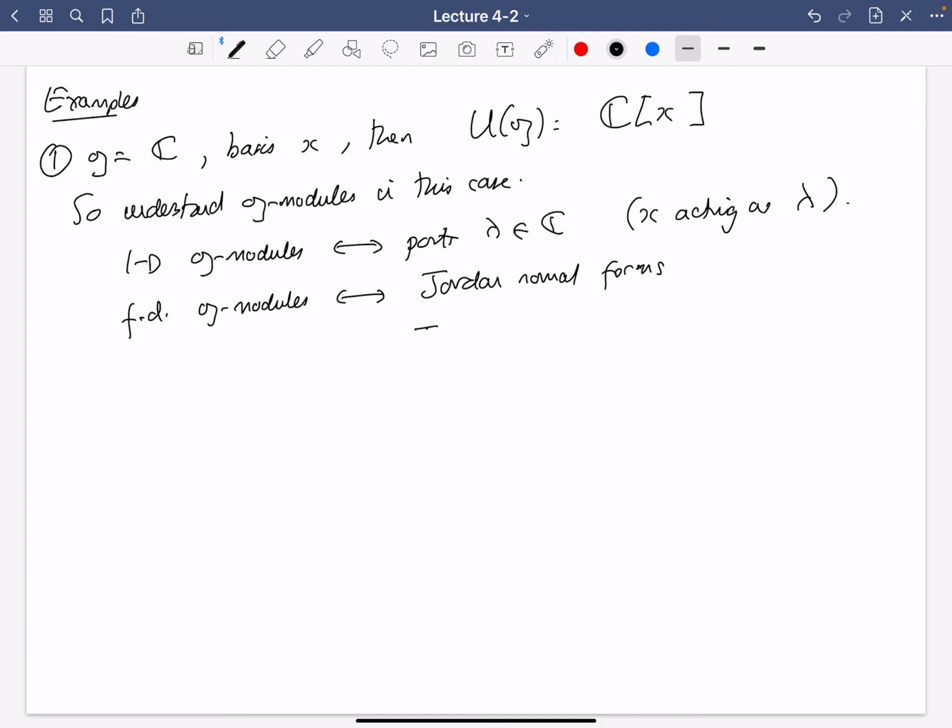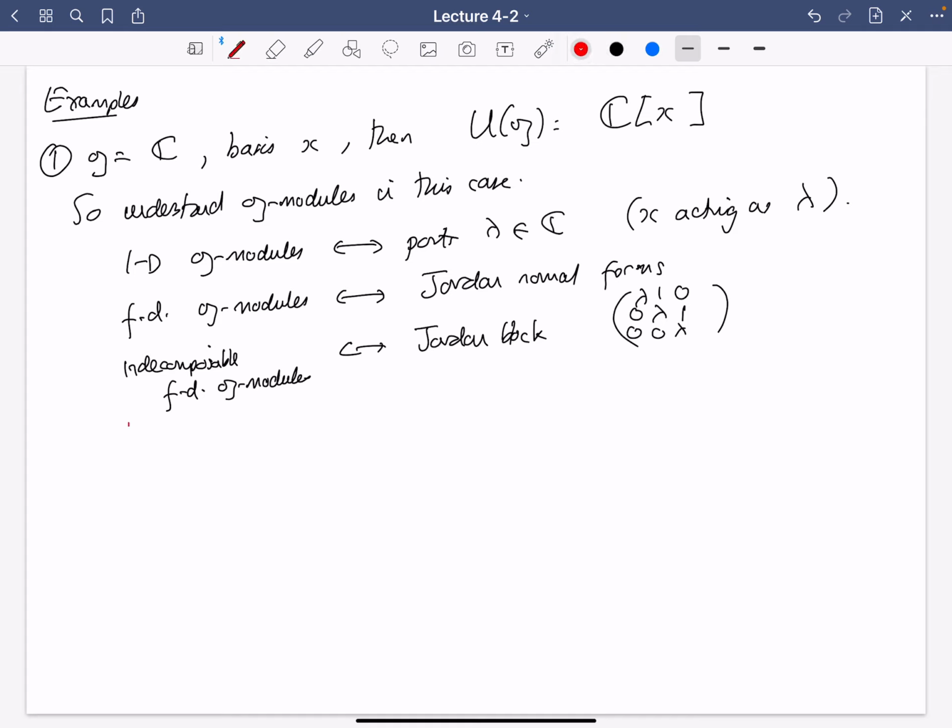The Jordan block, if you have a Jordan block like something like that, these give the indecomposables. Okay, so that's great. That's one case where we totally understand at least finite-dimensional g-modules.